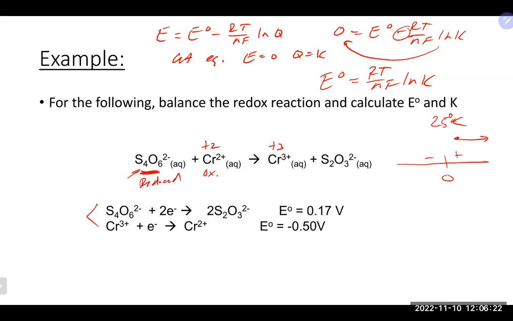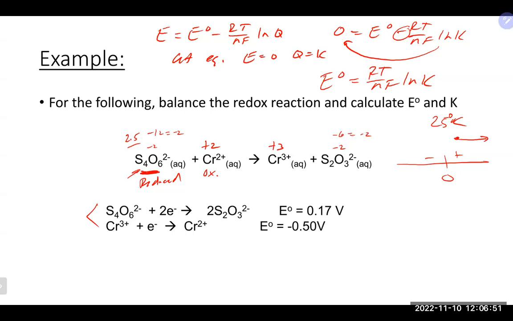For the fun of it, the oxidation state of the sulfur on the left is what? Oxygen is -2, which gives -12. We need it to equal -2. There's 4 sulfurs, which means the oxidation state there is actually 2.5. On the right, oxygen is -2, which gives -6 equals -2, so the sulfur would be a plus.